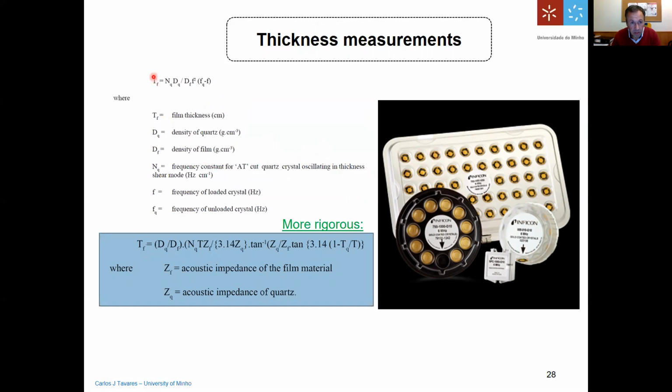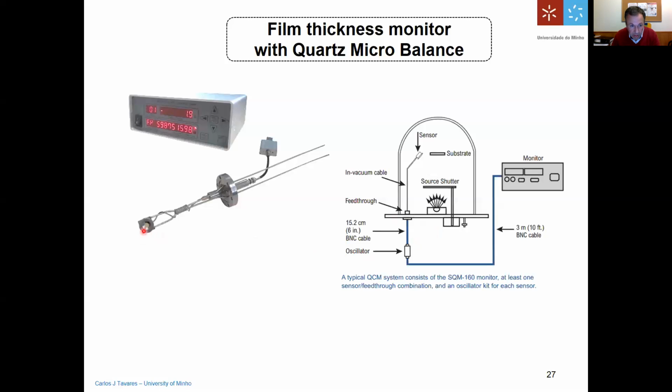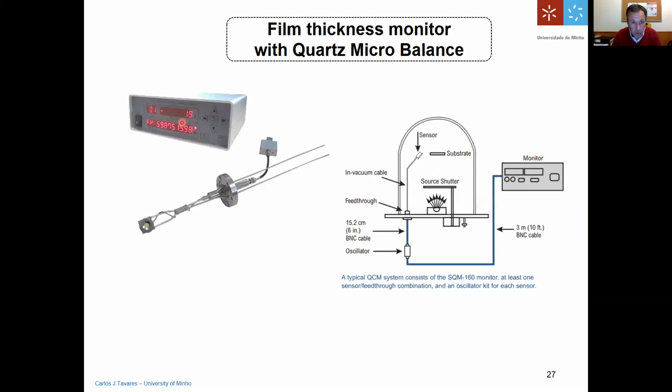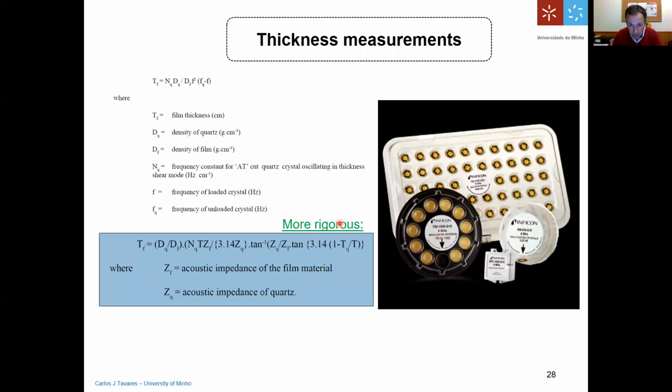So the thin film thickness depends on the density of the quartz, which is in these microbalances that we put inside the sensor head. When you buy these crystals, they already specify the density of the quartz and also the frequency constant that you have to input in the controller, so it can actually measure the thickness of your film.